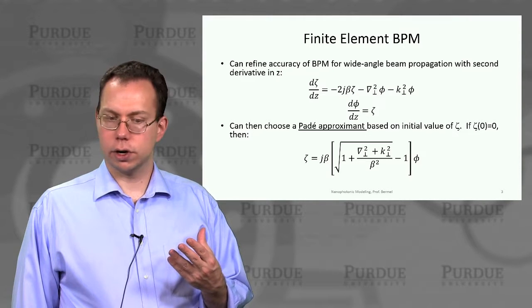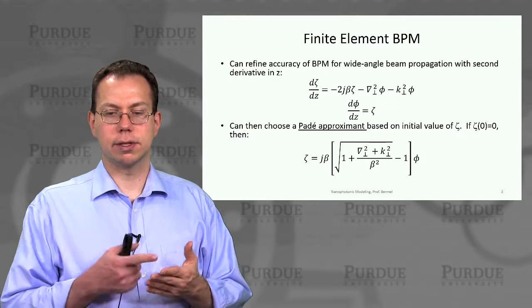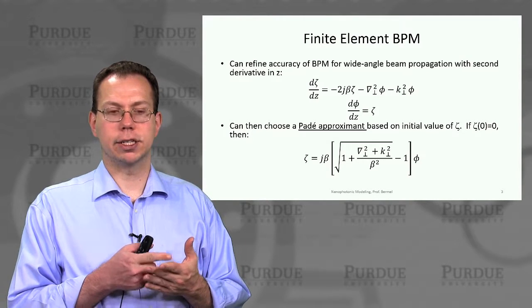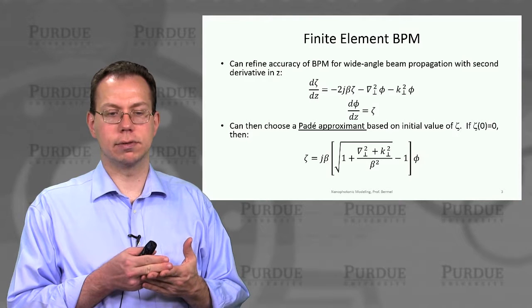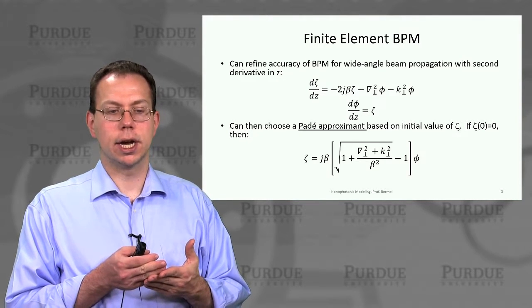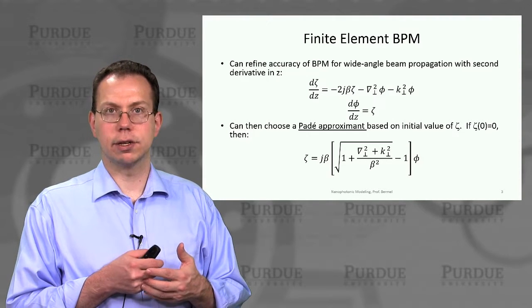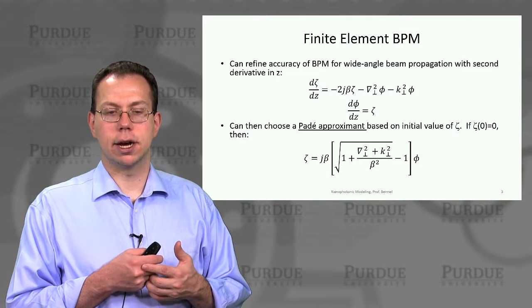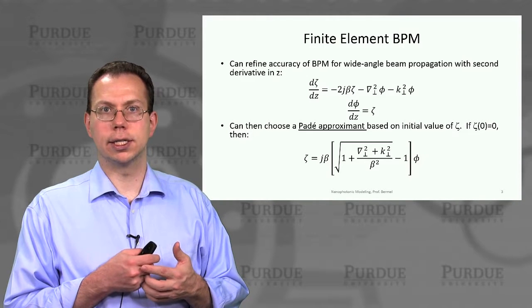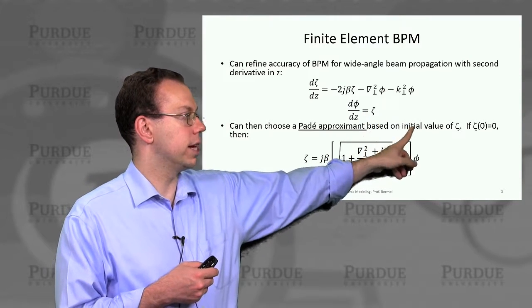To get a reasonable solution which accounts for both perfectly matched layers and second derivatives, we'll use what's called a Pade approximant, based on the initial value of the derivative of the envelope function, which we call zeta. This value zeta would be d phi dz.